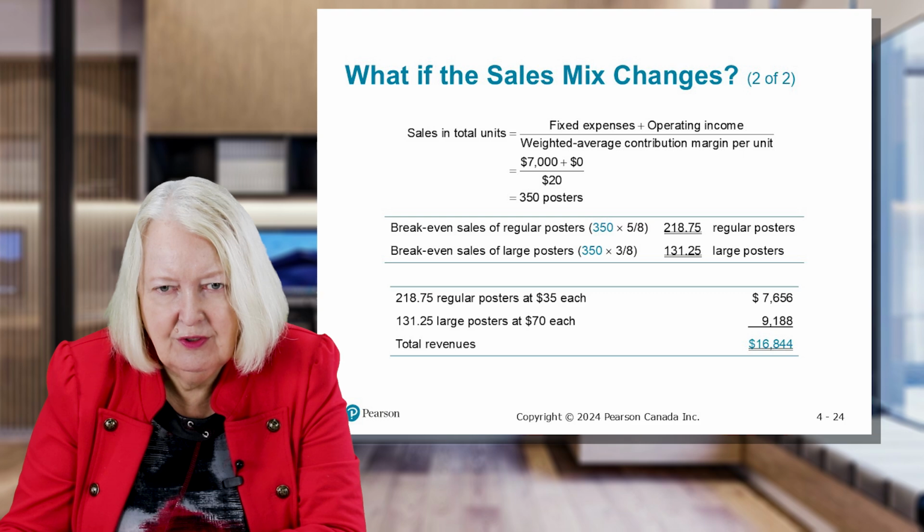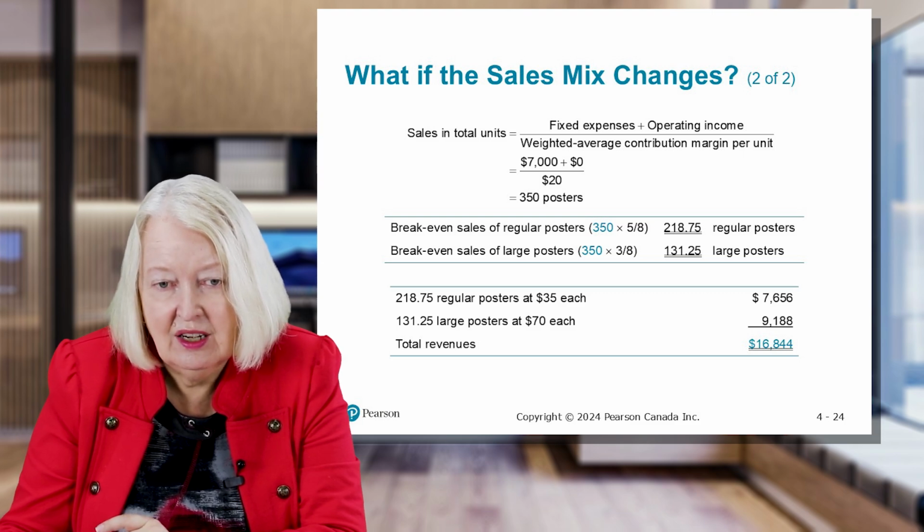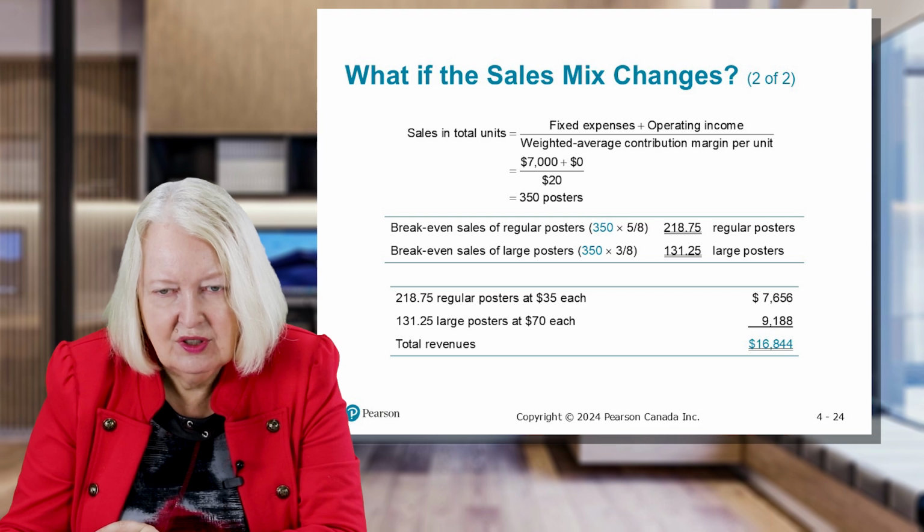It's 350, and assuming the sales distribution, if she's selling 8, 5/8 times your 350 will give you 218.75, and then for the large posters, their share is 3/8 times the 350. So this is your break-even sales of regular posters and large posters. You just multiply that out and you're looking at total revenues here of $16,000.